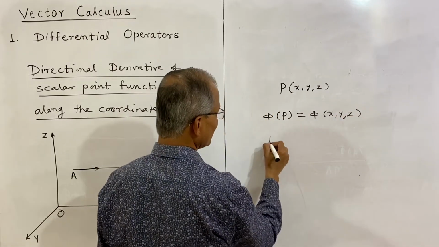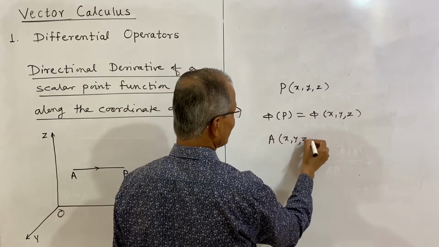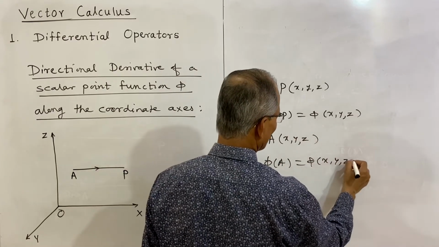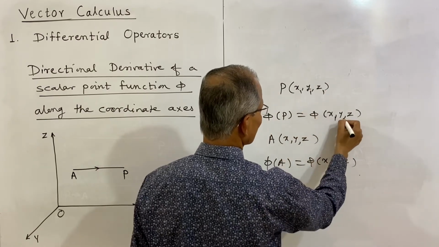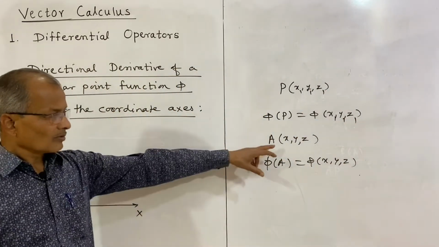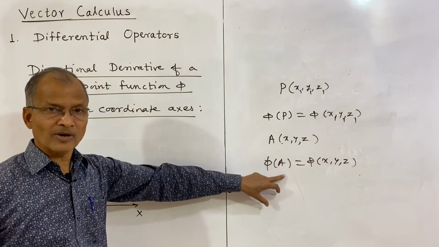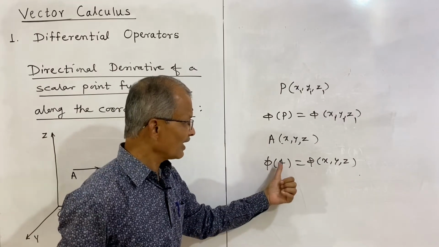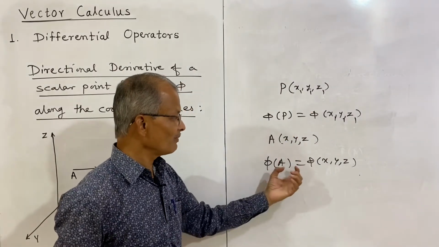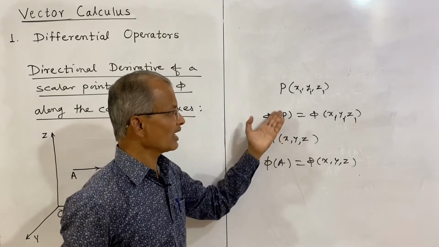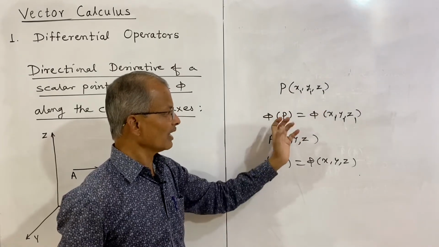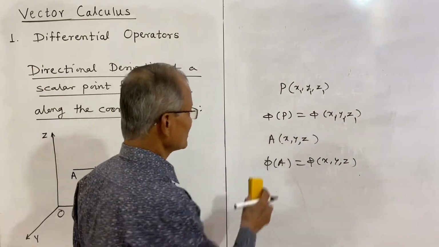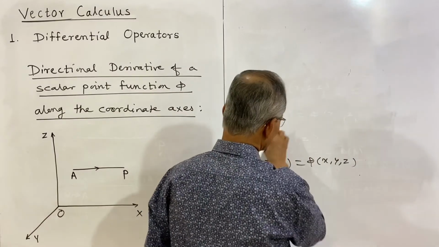Or if A is the point x, y, z, then phi of A is equal to phi of x, y, z, or different points may be considered, x1, y1, z1, etc. If the point P has coordinates x1, y1, z1, then phi of P is equal to phi of x1, y1, z1. So these are the values of the scalar point function.